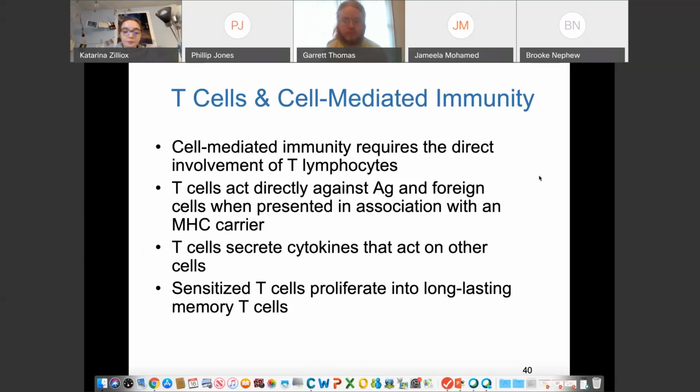T cells, when they're presented with the antigen, literally grab that antigen, they recognize it, they shake hands with the CD4 cell, they sign a contract and say, listen, I understand this is an antigen. When I see a cell with an HLA marker, MHC1 marker with that antigen on it, I'm going to literally attach to that cell and attack it. So T cells are hand-to-hand combat. B cells, plasma cells make antibodies.